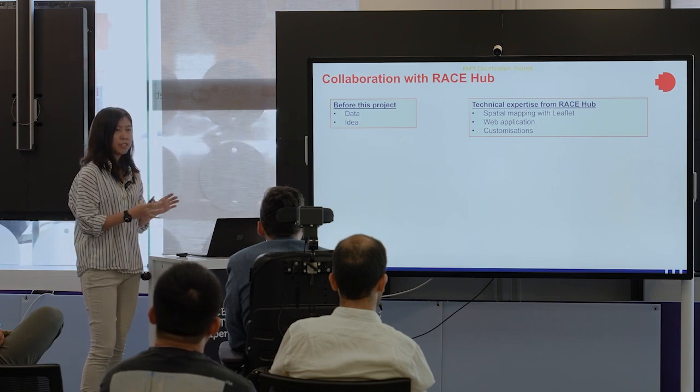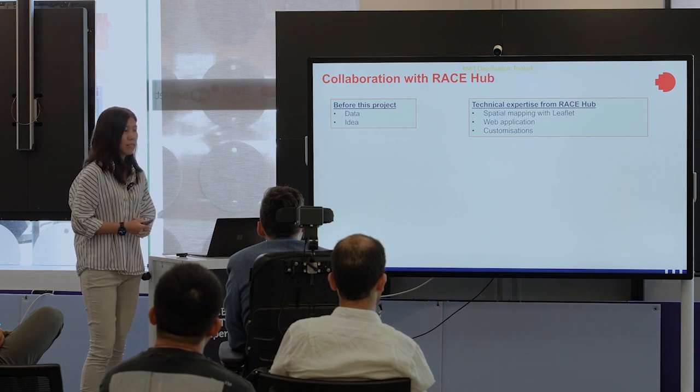So customizations is a big part of what I was expecting out of this project, because I believe this kind of airframe corrosion digital twin is something that has never been done before. So a lot of customizations are required in terms of the user interfaces, the functionalities.